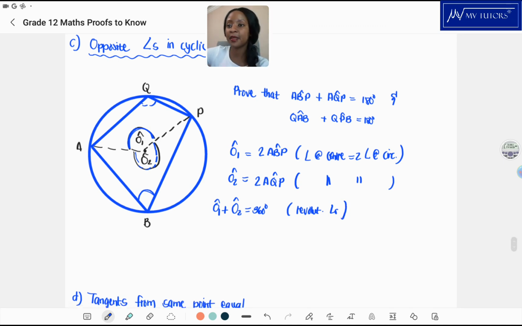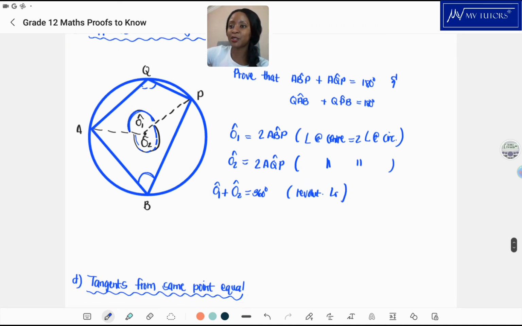And then what do I do? I'm going to say 2ABP plus 2AQP is equal to 360 degrees.